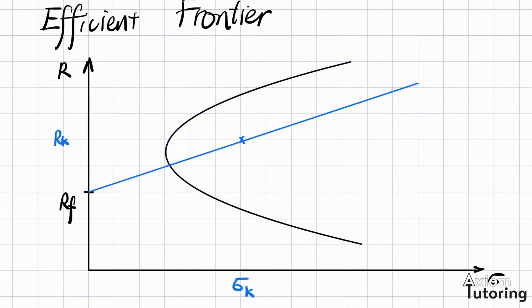So for any investor, as long as they're rational and they care about the return and the risks, they will never choose to invest in the portfolios here. They would prefer the risky assets here, and they will only invest in risky assets for this section of the curve, right?